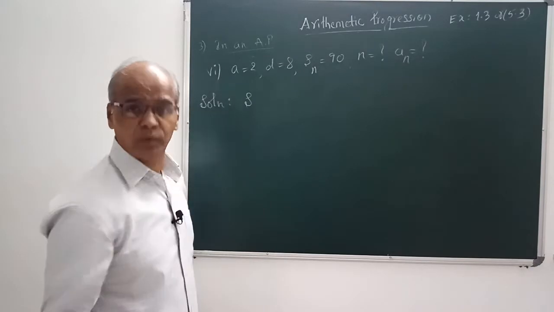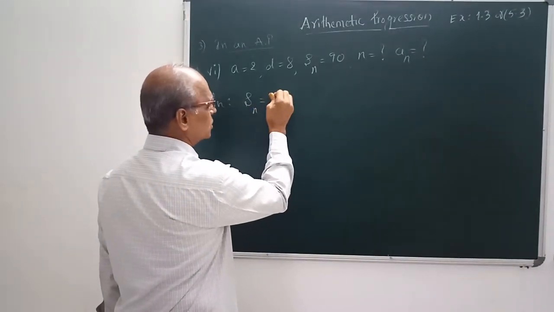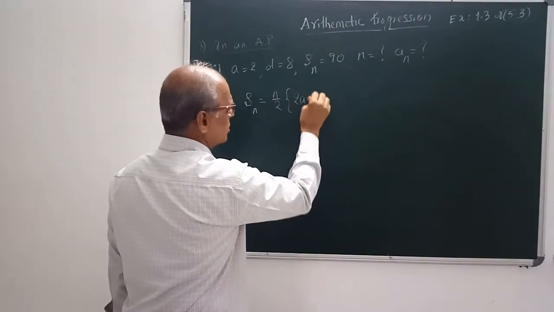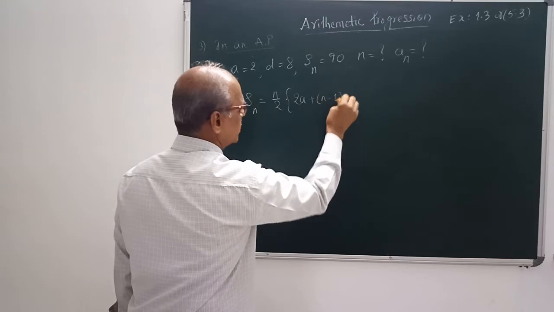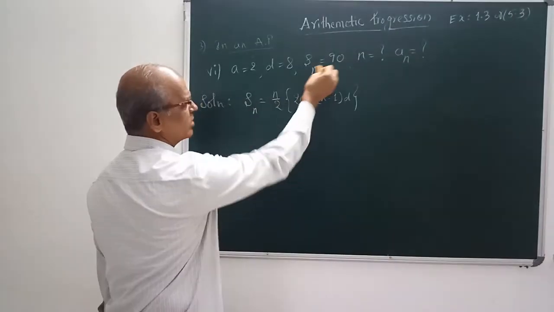Sn they have given, so we don't know N. Sn is equal to n upon 2 into bracket 2a plus n minus 1 into d. This is the Sn formula. Sn is how much? 90.